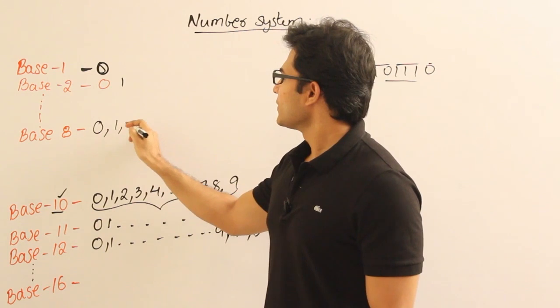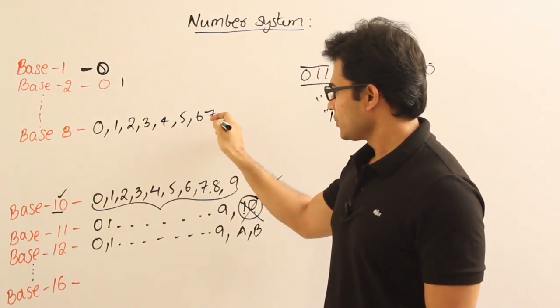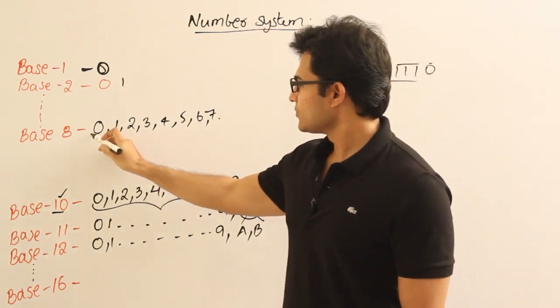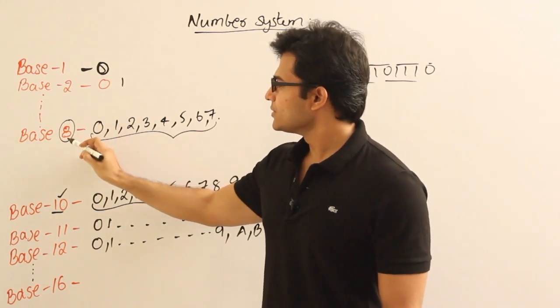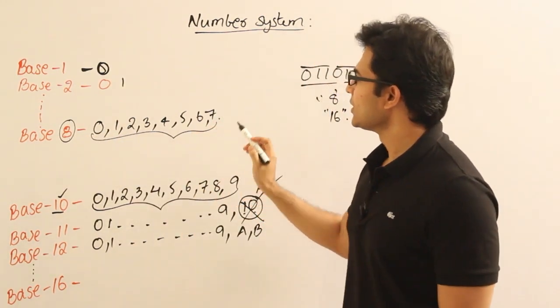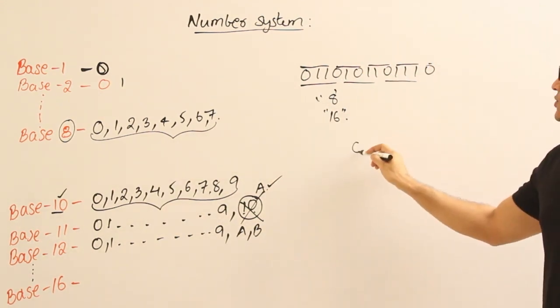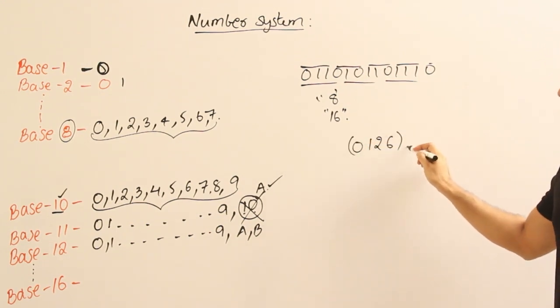So 0 1 2 3 4 5 6 7. Here I want you to note one point. If the base is 8, then the number of symbols we have is 8, and all the digits should be less than the base, which is 8. So we cannot have the digit 8. For example, can I have a number 0 1 2 6 in base 6?